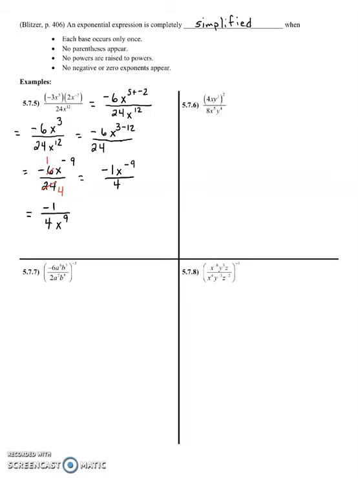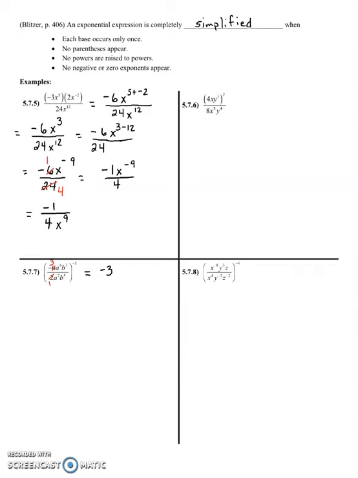So the first thing we should do, following the order of operations, is simplify what's in the parentheses as much as possible. So 2 divides into 2 once, and 2 goes into 6 3 times. That leaves us with a -3.